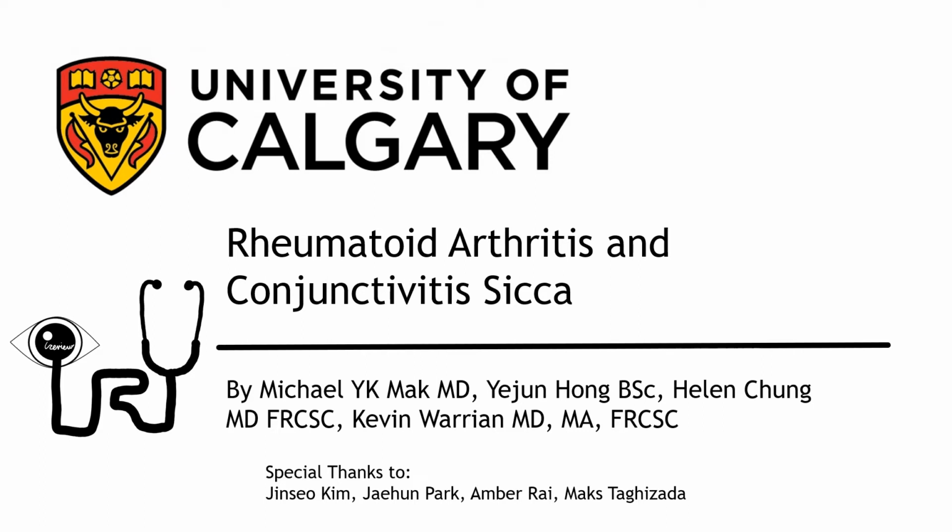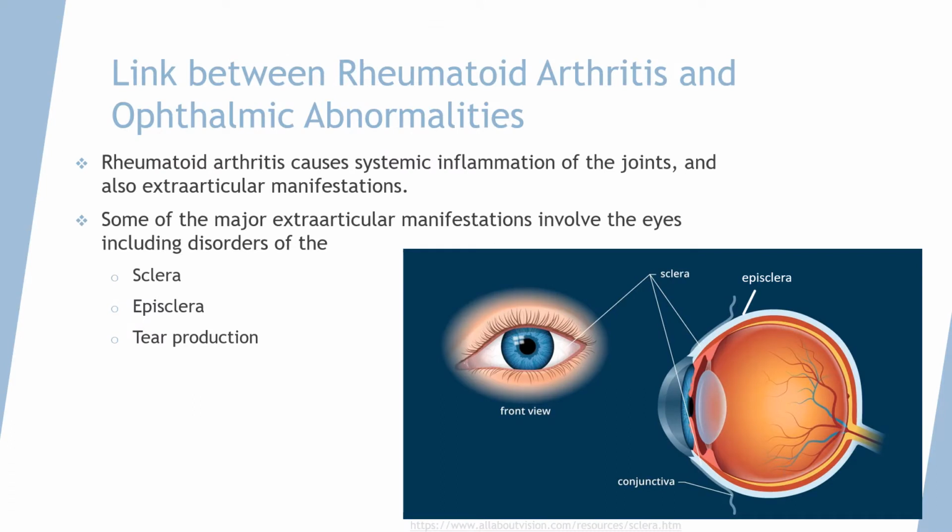Our team will present to you today keratoconjunctivitis sicca and other ophthalmic changes in rheumatoid arthritis as a link between ophthalmology and rheumatology. Rheumatoid arthritis is characterized by systemic inflammation of the joints, and it can also have extra-articular manifestations, meaning symptoms outside the joints can occur characteristically with RA.